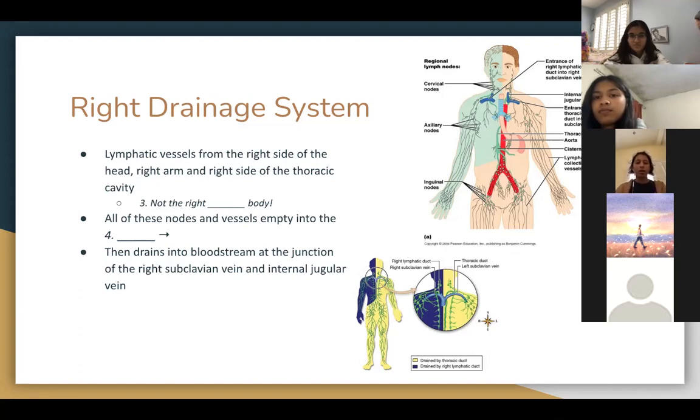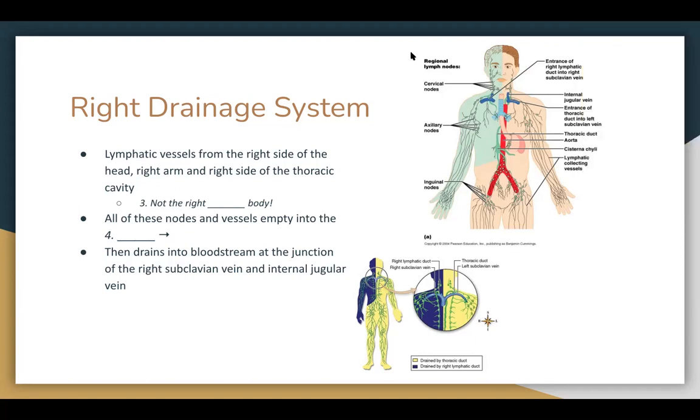So it starts with the lymph nodes towards the top of the body, like the cervical nodes, and then it goes through the right lymphatic duct into the right subclavian vein, which is around your shoulder area. And then it continues to branch down, as you can see, through various other nodes. So essentially the lymphatic vessels from the right side of the head, the right arm, and the right side of the thoracic cavity.